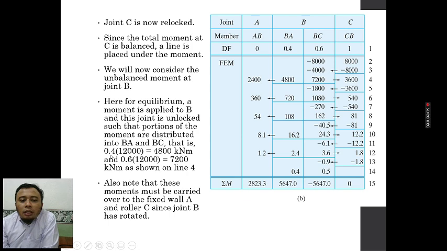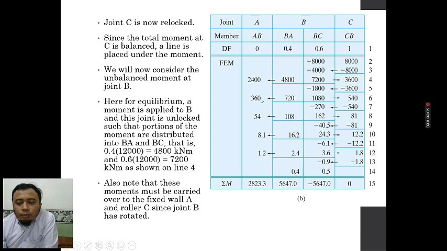As you can see here, 0.4 times 12,000 gives this value, and 0.6 times 12,000 gives 7,200 on line 4. This moment at joint B needs to be distributed over to joint A and joint C respectively. So half of 4,800 will be 2,400, and half of 7,200 is 3,600.